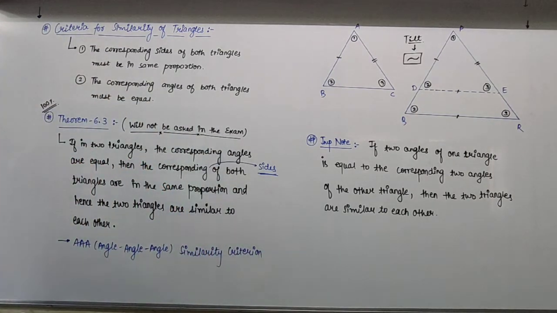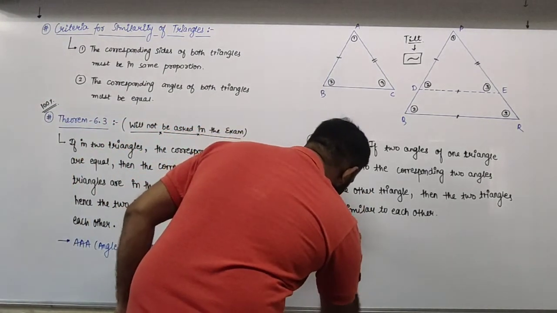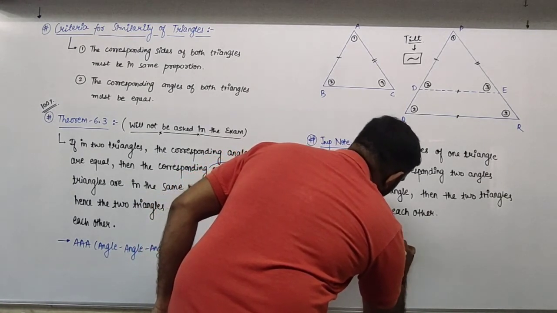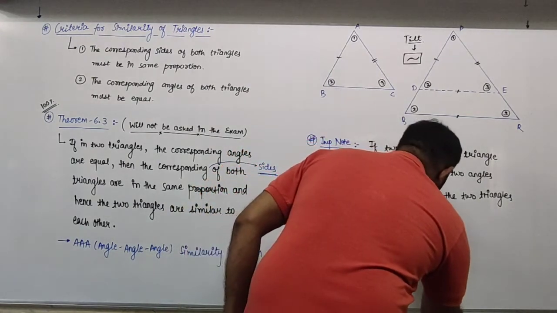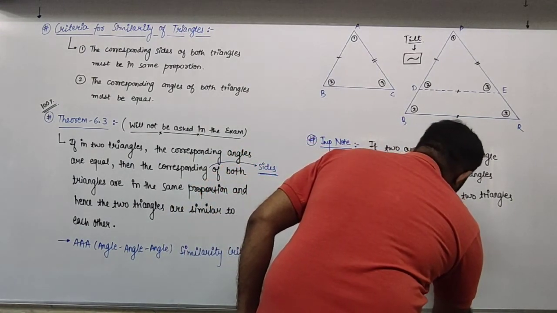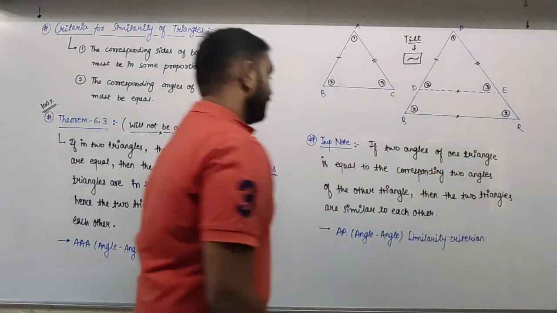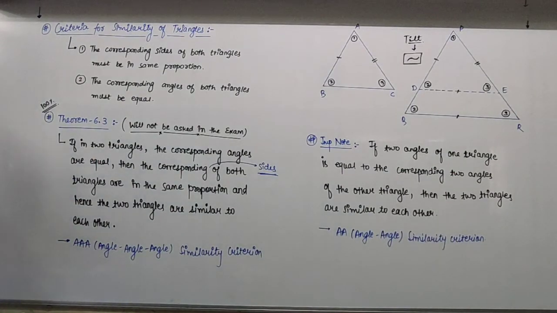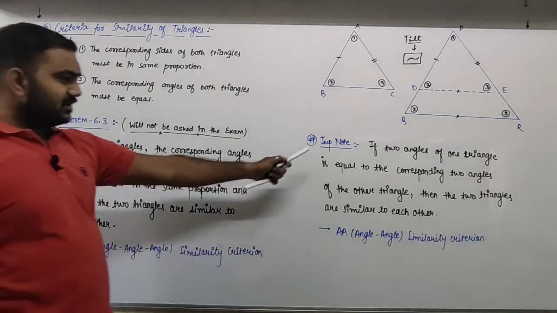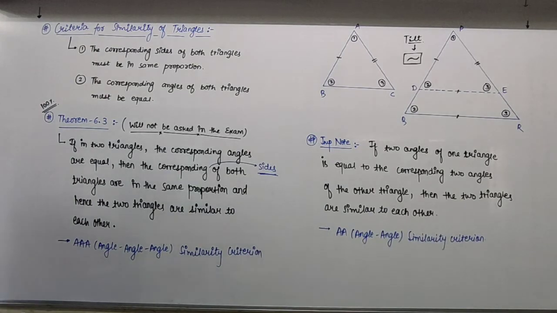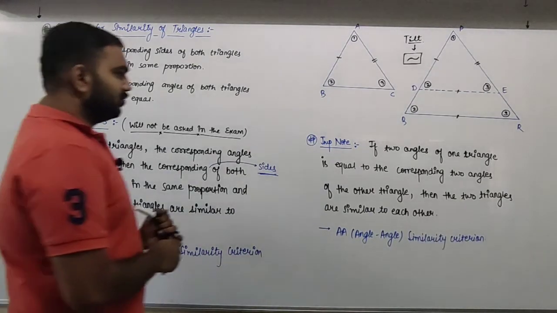Angle, angle, angle similarity criterion, that is theorem number 6.3, and this important note is nothing but the AA, angle, angle similarity criterion. So you will just remember what theorem number 6.3 is, AAA similarity criterion, and this important note is AA similarity criterion. That important note is given on page number 132.